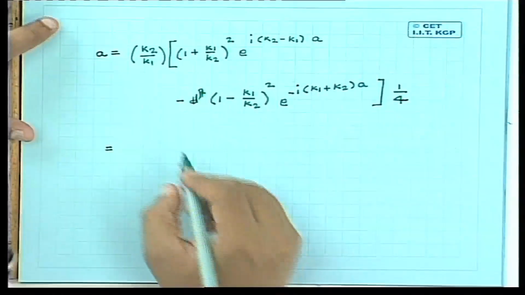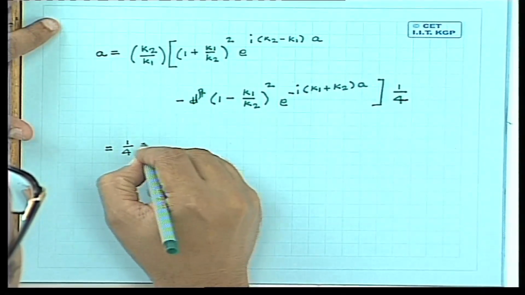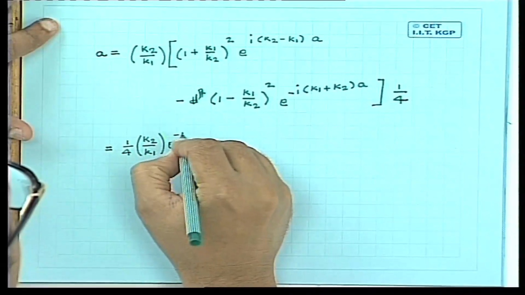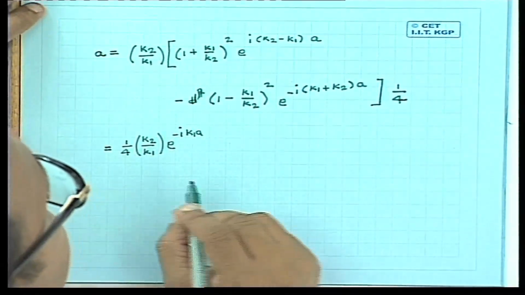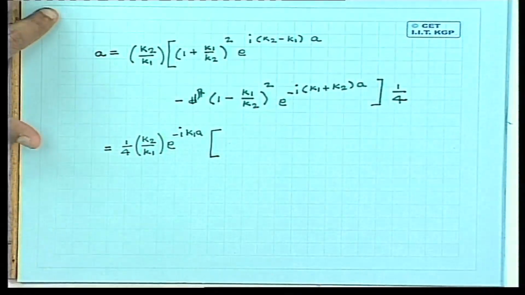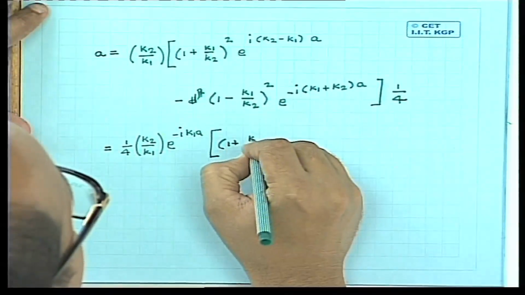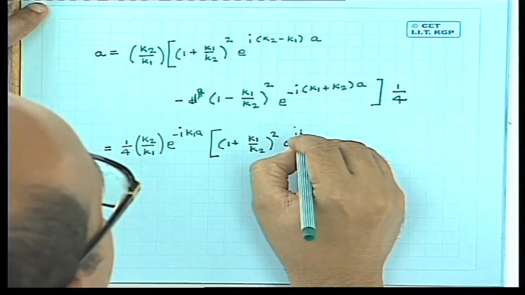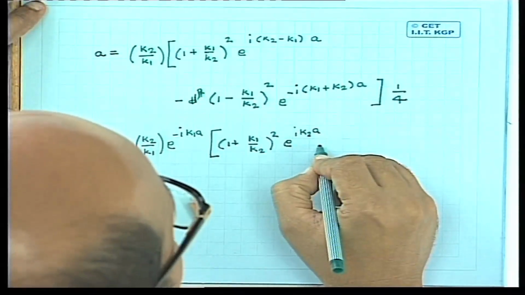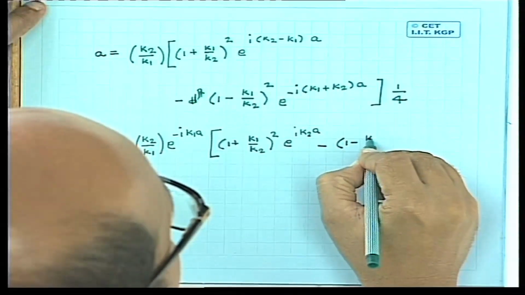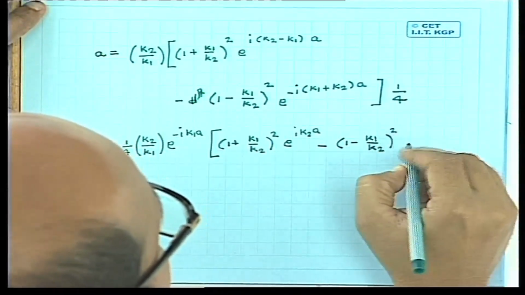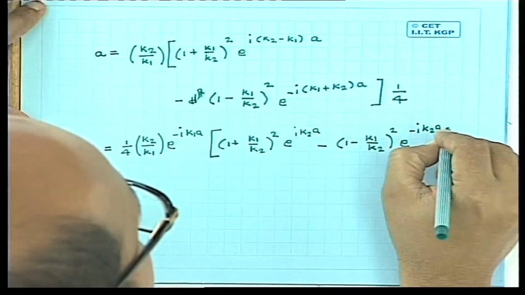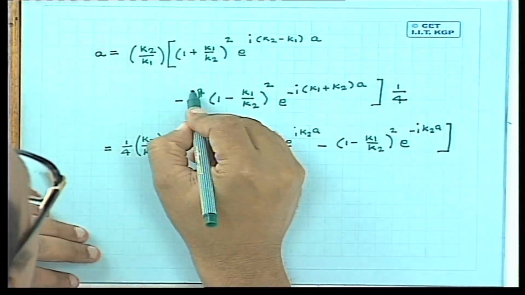So what I have is 1/4, and then I have k2 by k1, and I have e to the power minus I k1a common, and then I have 1 plus k1 by k2 whole square e to the power I k2a minus 1 minus k1 by k2 whole square e to the power minus I k2a. Okay, so this is what we have.